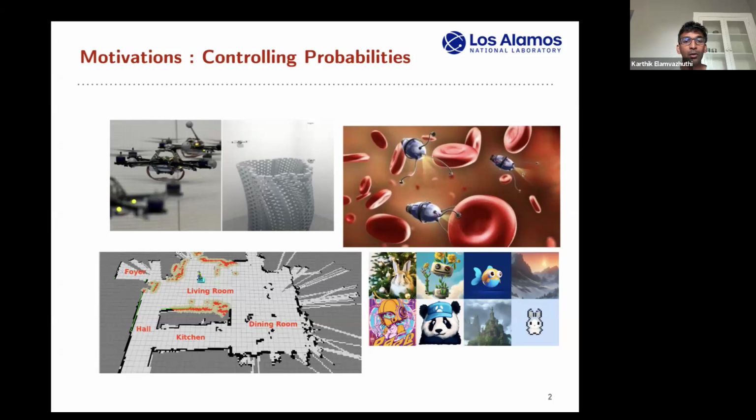Another instance where probability densities come into play is if you want to manage uncertainty in some way. This happens, for example, when you have a robot doing surveillance and mapping out some environment. One way to model uncertainty is using probability densities. And of course, one of the most modern applications of manipulating probability densities is in machine learning itself.